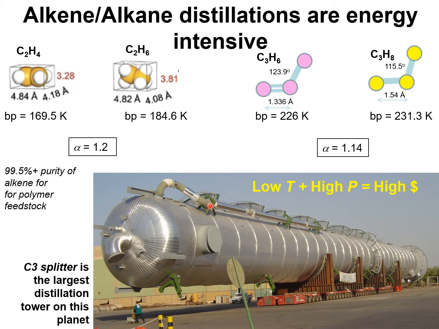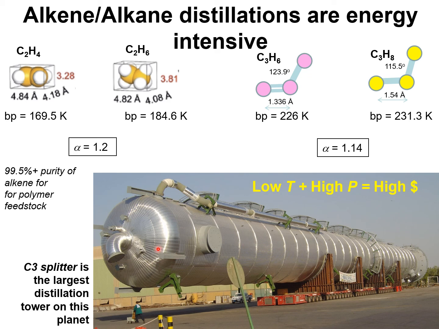Typically, the distillation column for separation of propene from propane is called in industry the C3 splitter. Such distillation columns are amongst the largest distillation towers on this planet.